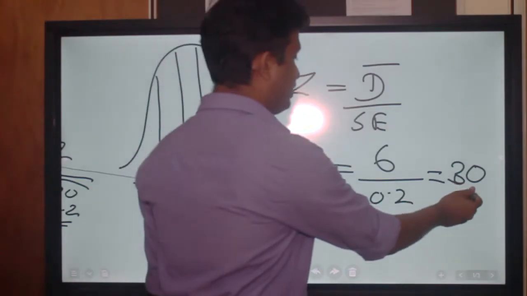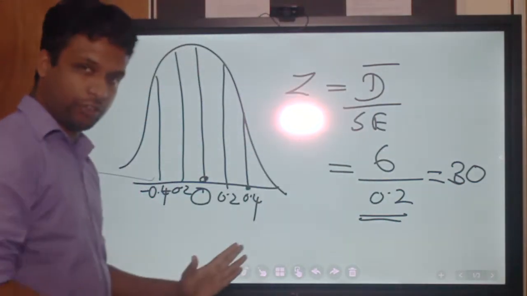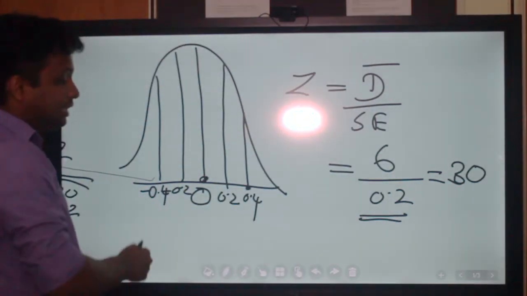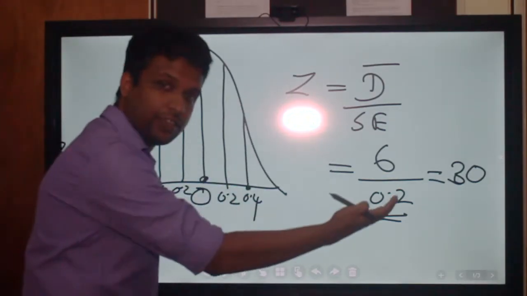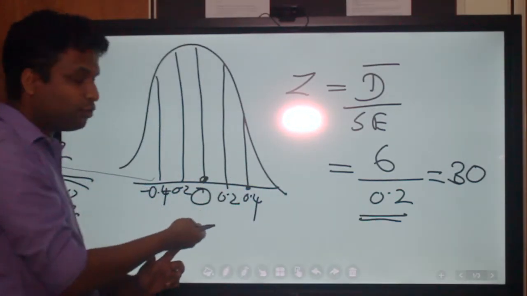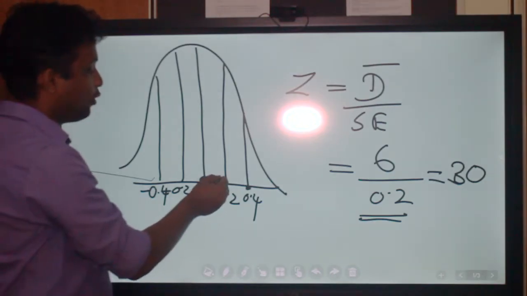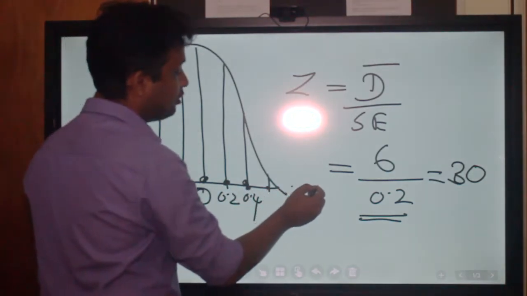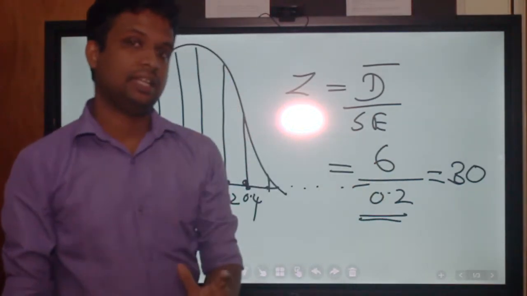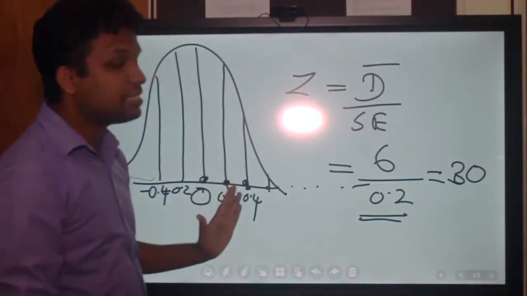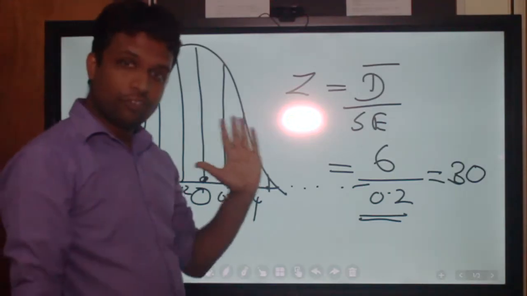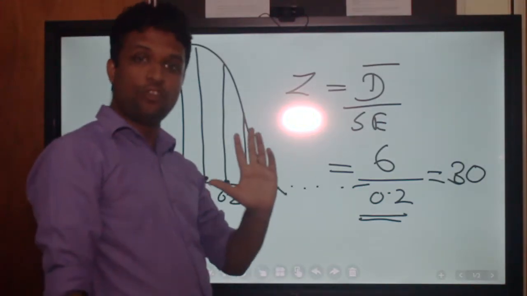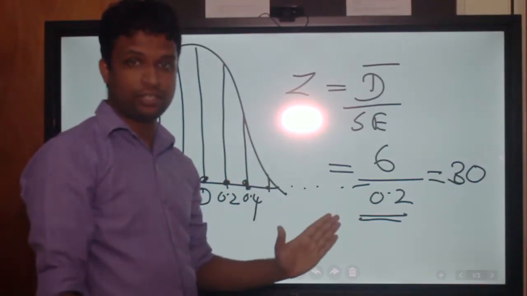So this specific difference will be 30 standard deviations away in the null distribution or the sampling distribution. So we have 1 standard error, 2 standard errors, 3, 4, 5, 6. So we can understand that there's a statistically significant difference or significant effect of this specific drug.